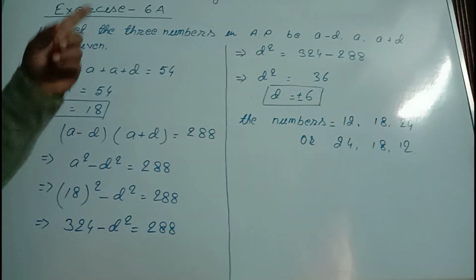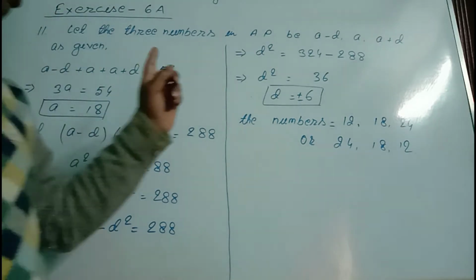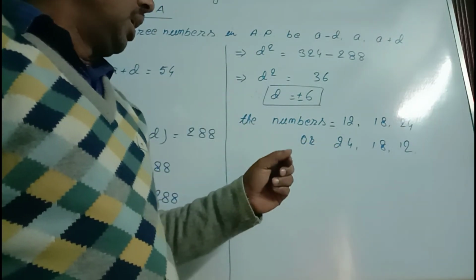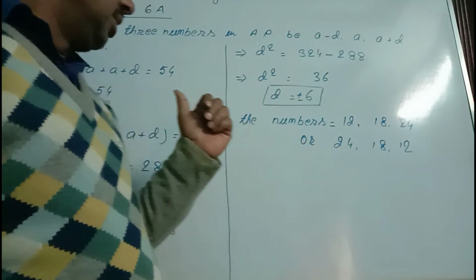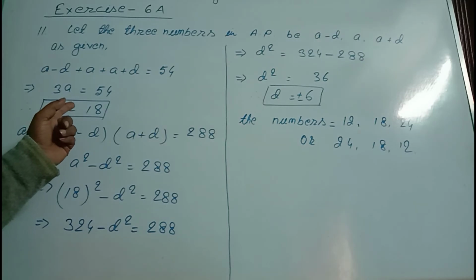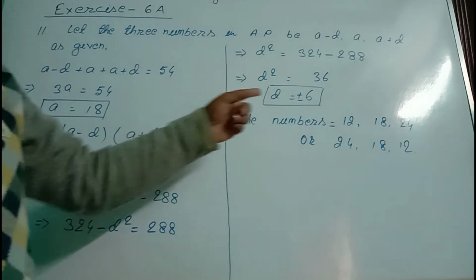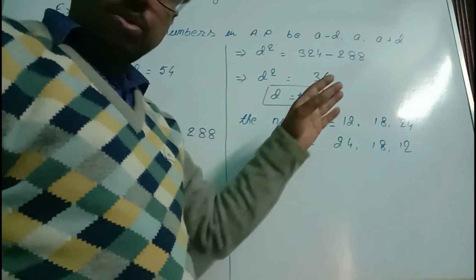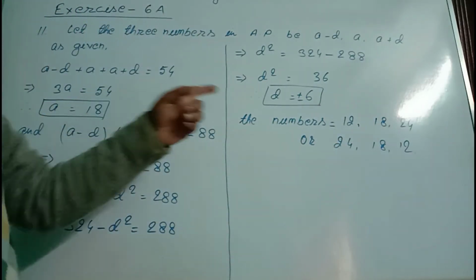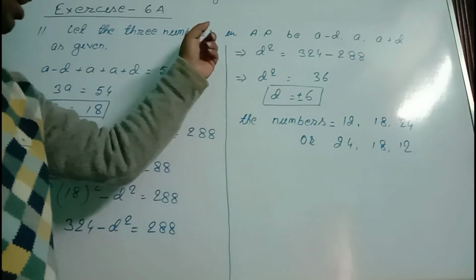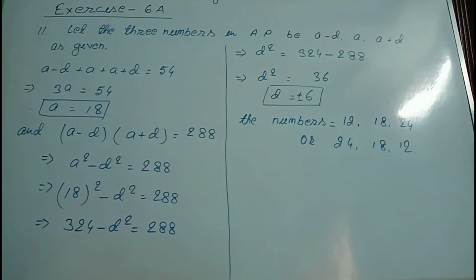So first is A minus D. 18 minus (minus 6), that is 24. Then A is 18 and again A plus D, that is 18 plus (minus 6) equal to 12. So there will be two series of numbers as the answer. Both these sets of numbers are in AP.